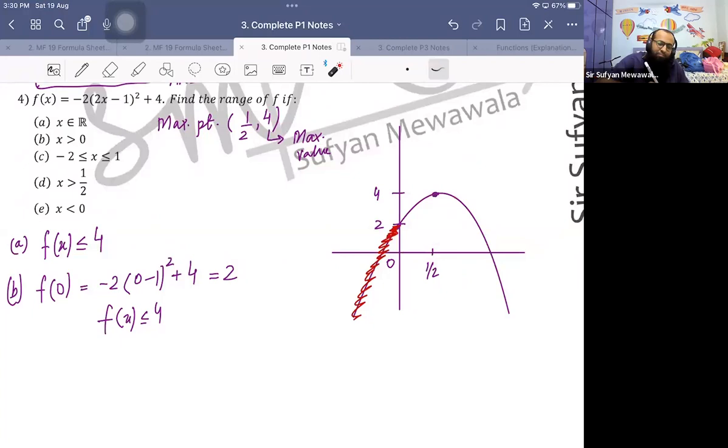So now check out, if the domain is greater than 0, then 0, 2 is the point. But the y value is 2, then it rises to 4, and then it goes down and down and down. So there is no lower limit. However, the upper limit is 4.